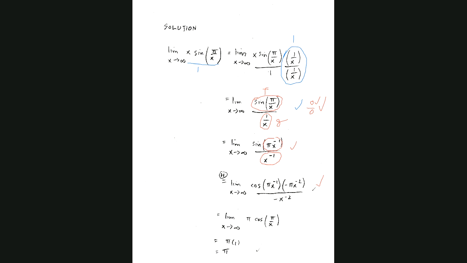Notice I put an H here because now I'm applying L'Hopital's rule. We use the chain rule to differentiate the numerator, and you can see how easy it is to use the power rule. Now, does anything nice happen here?